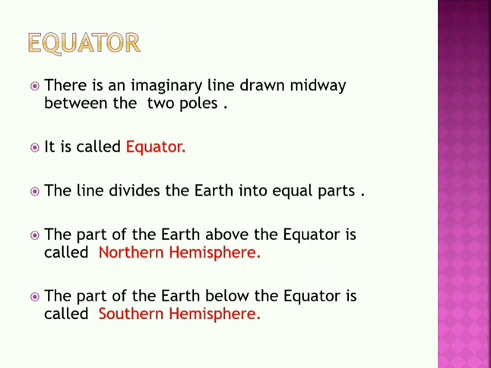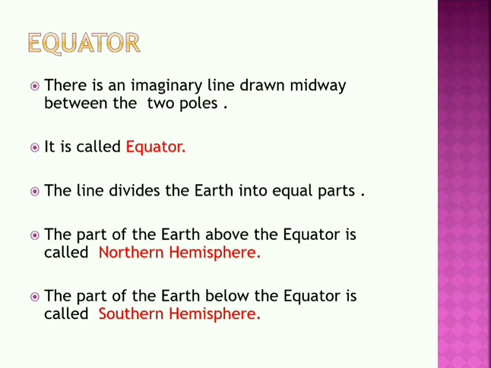Equator. There is an imaginary line drawn midway between the two poles. It is called the equator. So we can see an imaginary line running in the middle of the globe, all along the globe, and this line divides the earth into two equal parts.